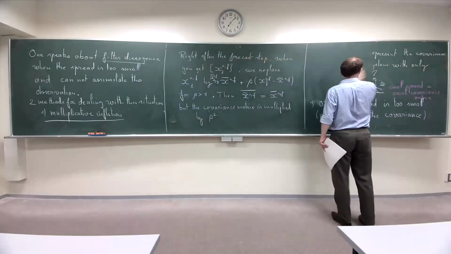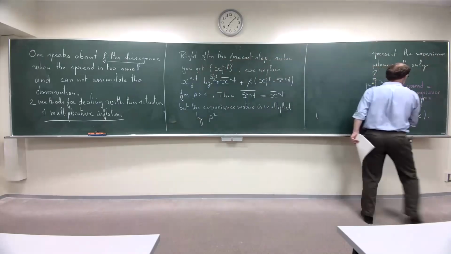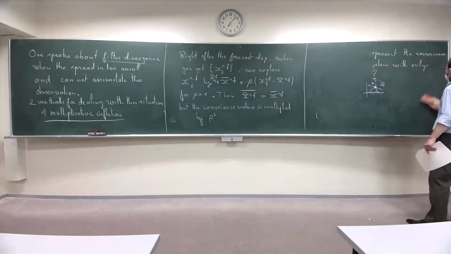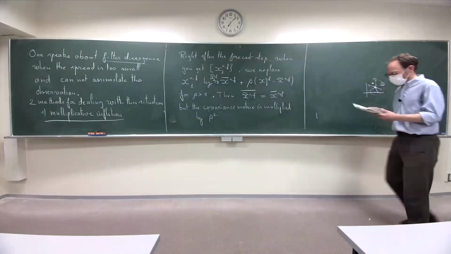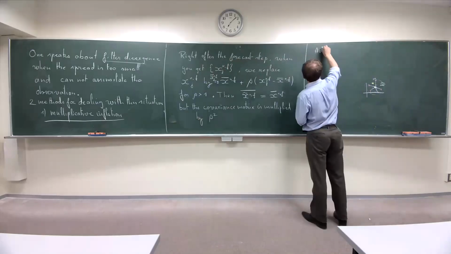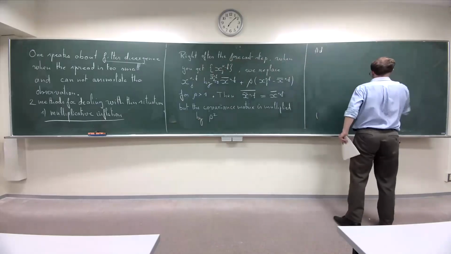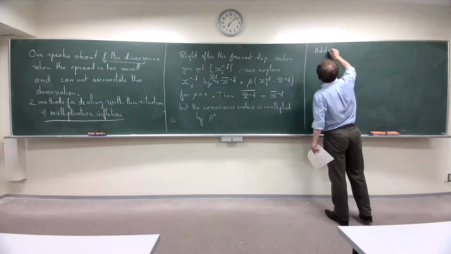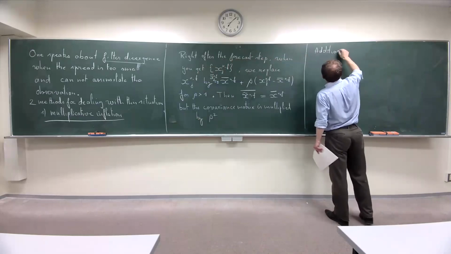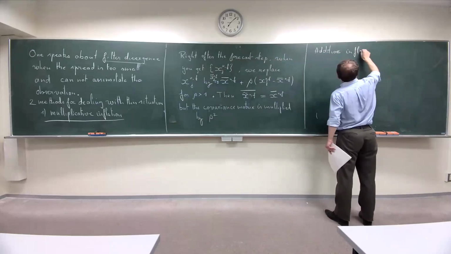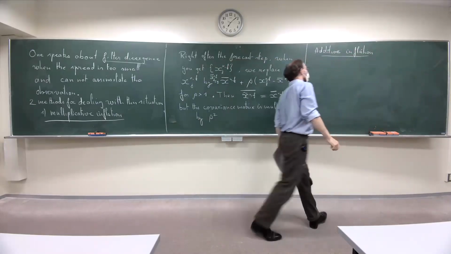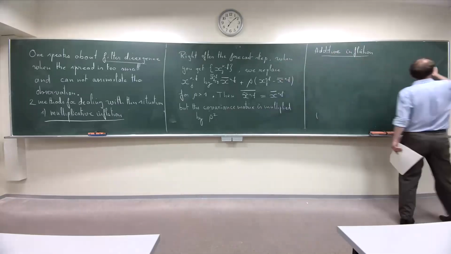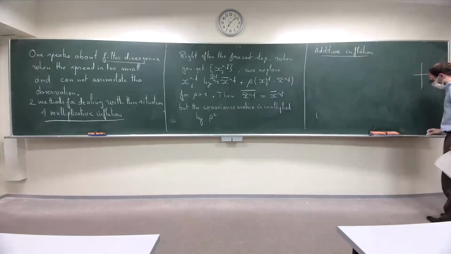Another option is what is called the additive inflation. Let me do the picture again. We had this mean value and points which are too close to it.